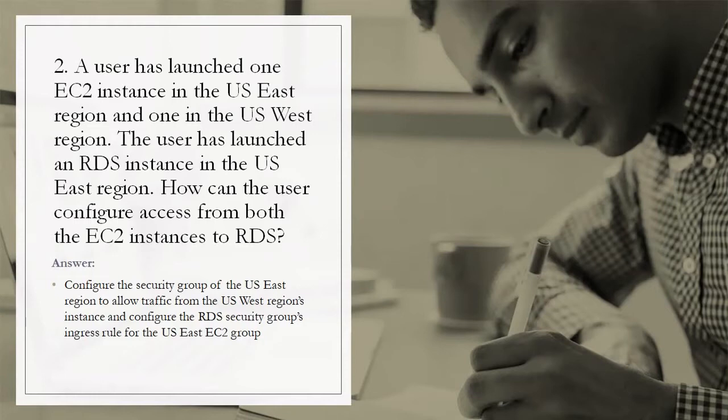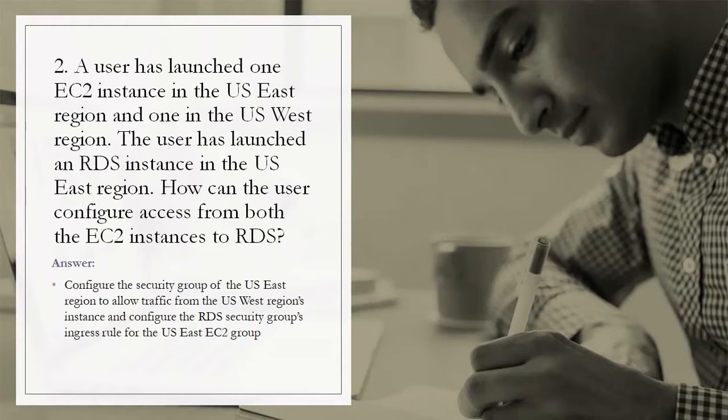The answer is: configure the security group of the US East region to allow traffic from the US West region instance, and configure the RDS security group ingress rule for the US East EC2 group, because the user cannot authorize an Amazon EC2 security group if it is in a different AWS region than the RDS DB instance.